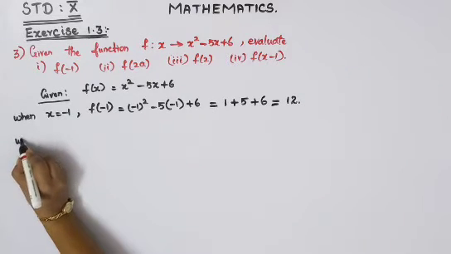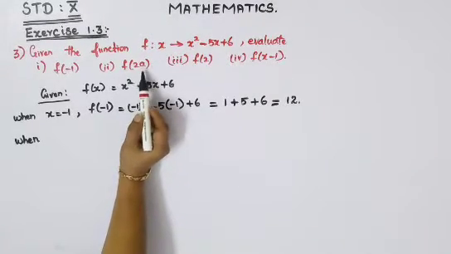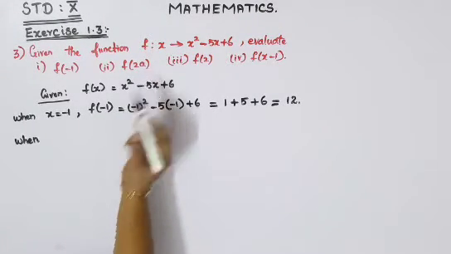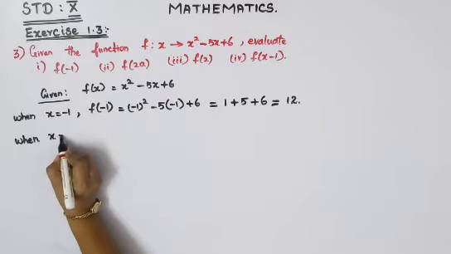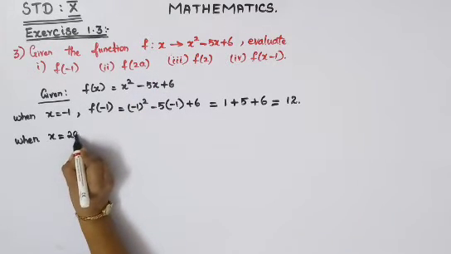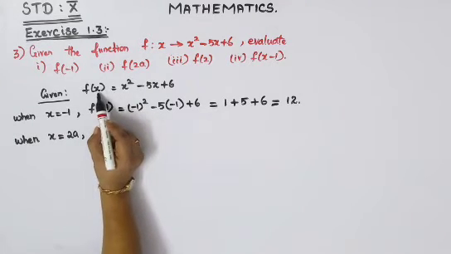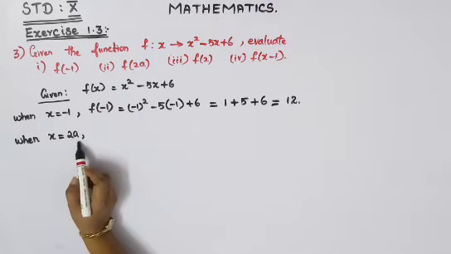So next is when x is equal to what they have asked you will have to see. So f of 2a they have asked. So when x is equal to what is inside the bracket, just put here. So it is 2a. So when x is equal to 2a, now in your question, whatever it is given f of x, in that place x you will have to replace by 2a.